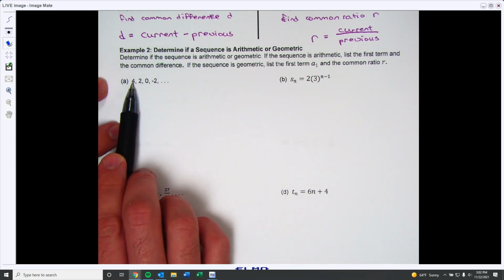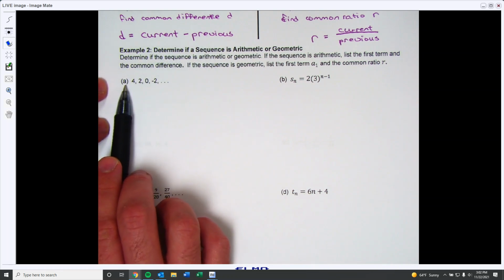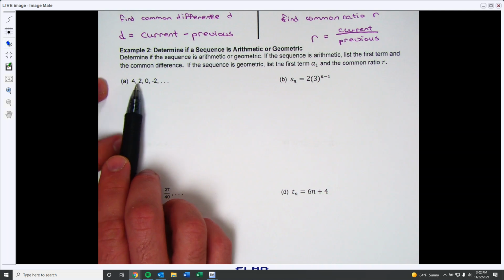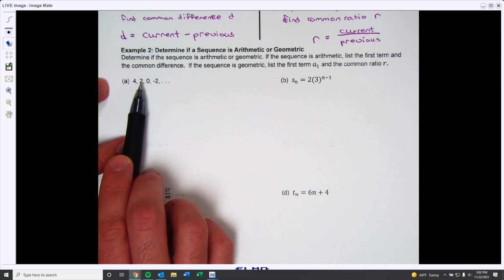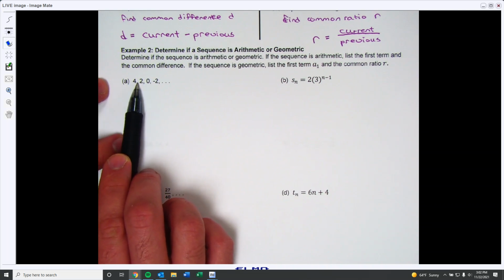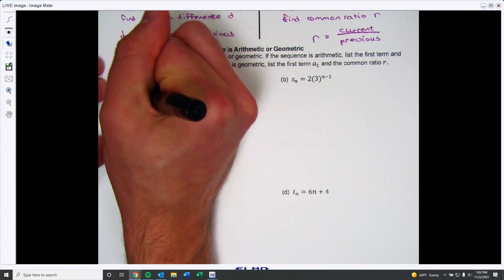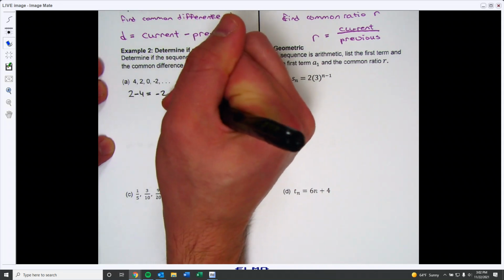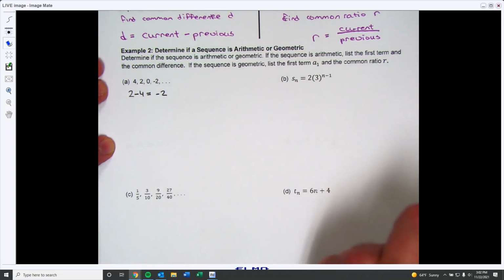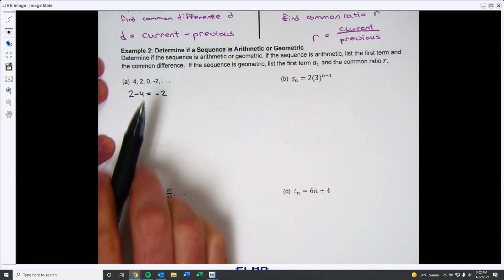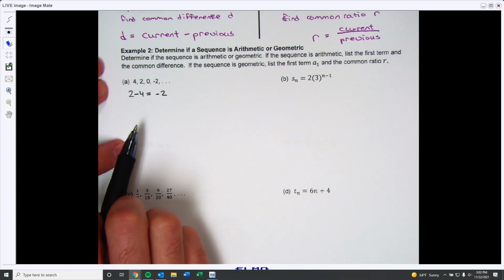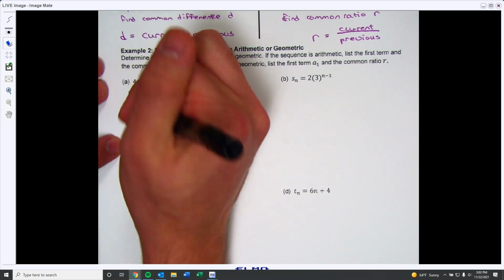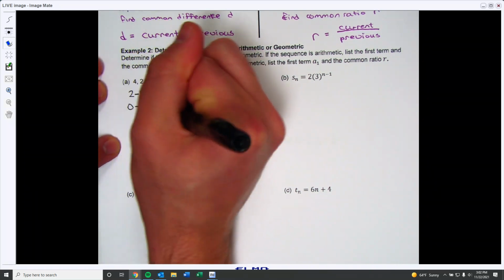I'm going to take my current term and subtract off the previous. Well, if I'm standing on 4, there is no previous term behind it, so I can't start there, but I can start at 2. So if I start at 2, my previous term is 4. So I can do 2 minus 4. That gives me negative 2. Now, if this sequence is arithmetic, when I do this again, I'll get negative 2 again. So standing on 0, I'll subtract off my previous term, which is 2.